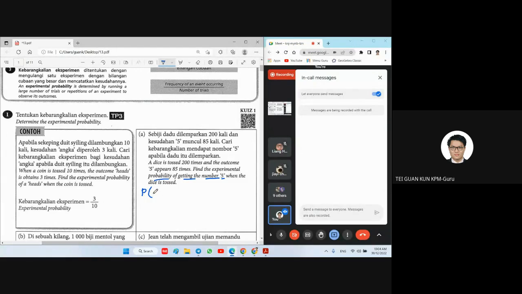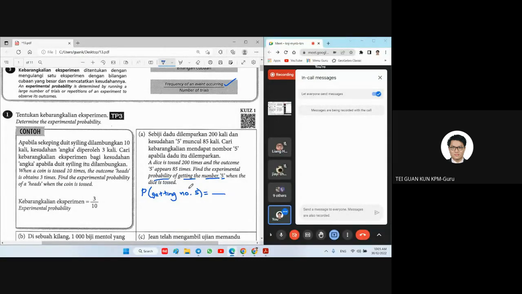Okay, probability of getting number 5. Okay, so the probability of getting number 5 is equal to the frequency. The frequency of an event occurring means the number of times the number 5 appears.